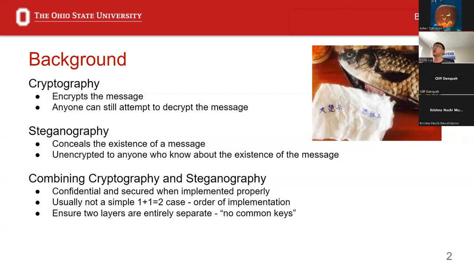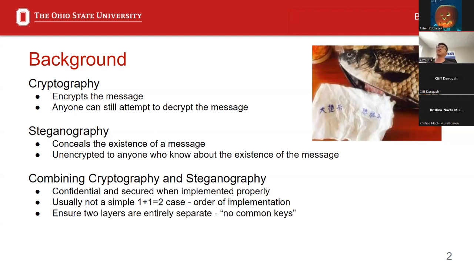However, if you know there's a message inside the fish, you can read it right away. So the main purpose of steganography is to communicate securely with secret messages through other media. And steganography does not change the structure of a secret message. It is hidden inside the media, so the change is not visible.